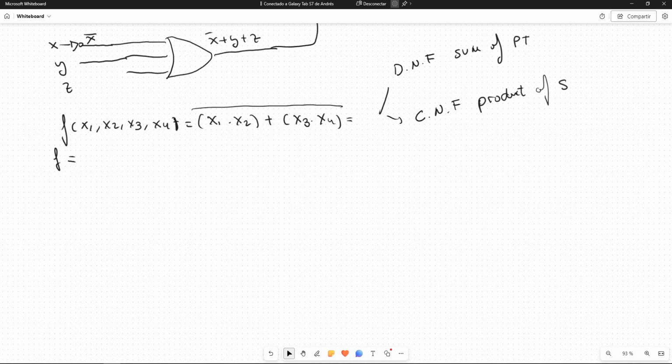So we can break the sum, but not the product yet. So we convert this sum into a product, and now we can break this new complementation that we have.